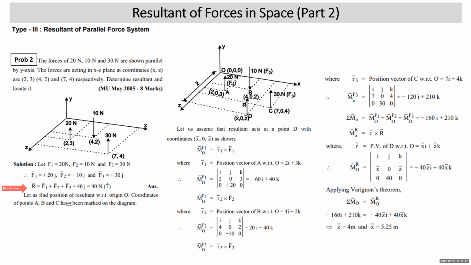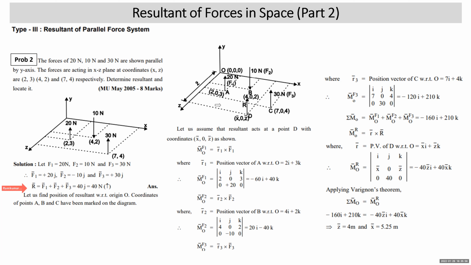So we'll apply the Varignon theorem with respect to O. First we need to write the coordinates of the point A through which F1, 20 Newton, is passing. He has given the X and Z coordinates, but we should write X, Y, Z: (2, 0, 3). Point B, at which the F2 force of 10 Newton is acts, is (4, 0, 2). F3, the 30 Newton force, acts at (7, 0, 4).